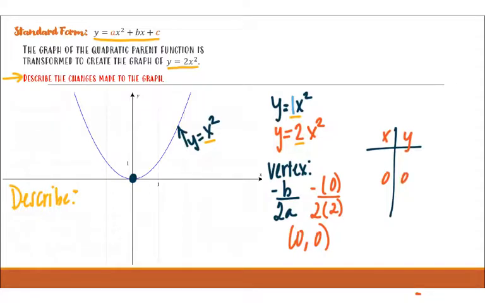Let's stay consistent with the graph that we have and use negative 1 and positive 1 on either side to figure out those points. So I'm going to graph my vertex already on the coordinate grid. It's right there on top of the vertex of the parent function. And then to get negative 1's y value, I am going to substitute. So 2 times negative 1 squared, which should give me 2.